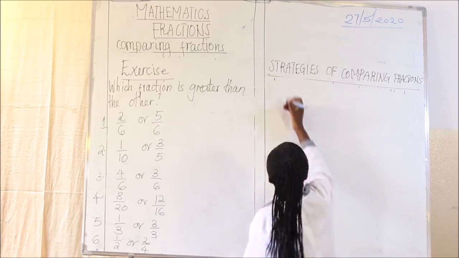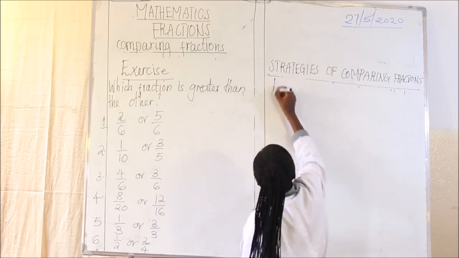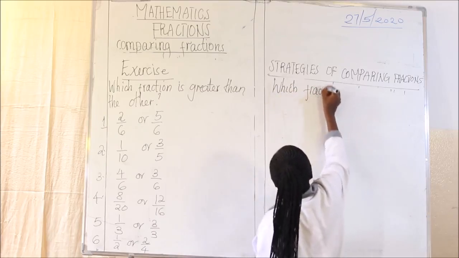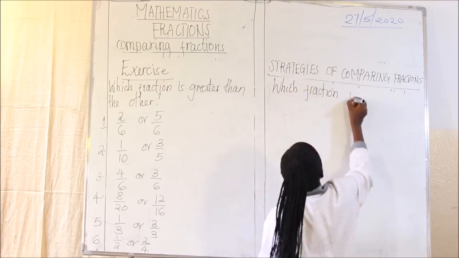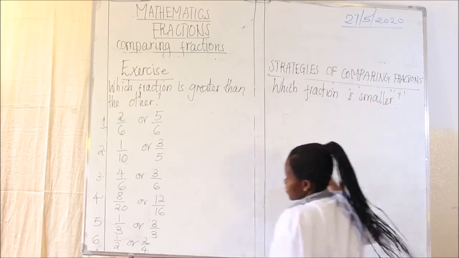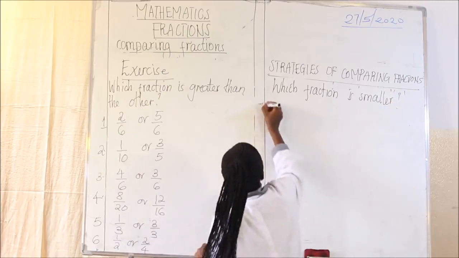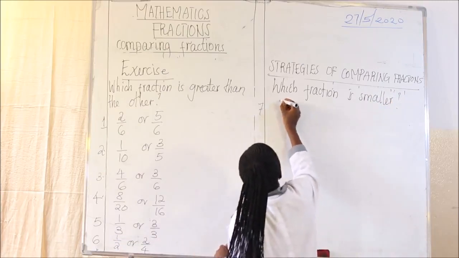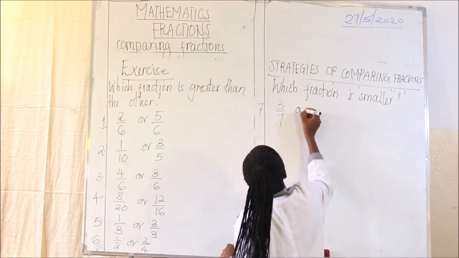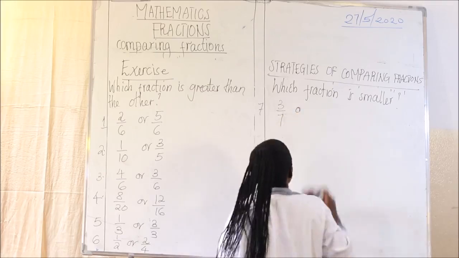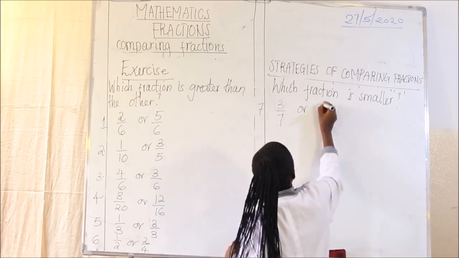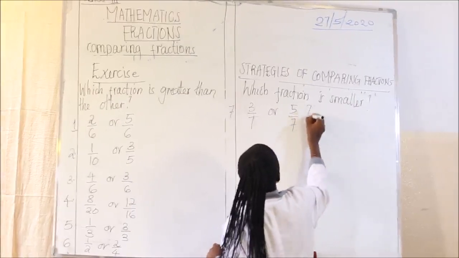From question number 7, which fraction is smaller? You are comparing 3 over 7 or 5 over 7. Which one is smaller?